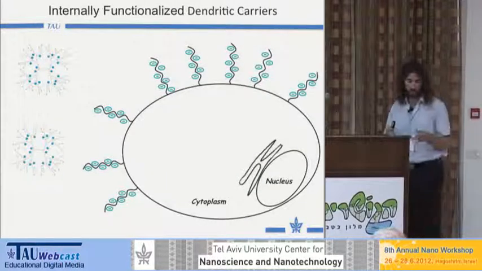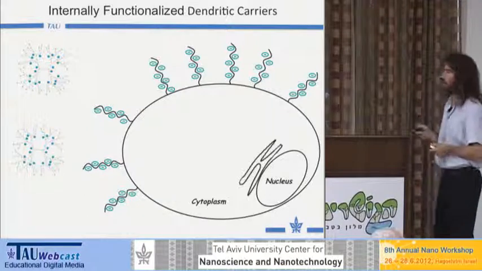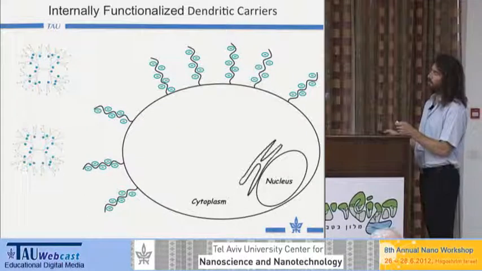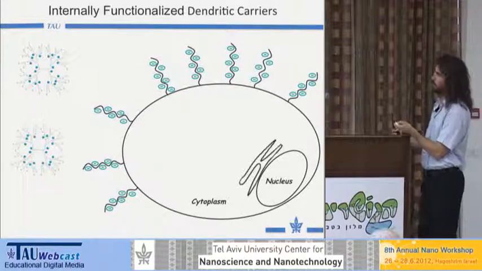If we look at what a drug delivery carrier or platform needs to do in order to deliver its cargo, the first thing is that it needs to be able to bind the cell membrane.